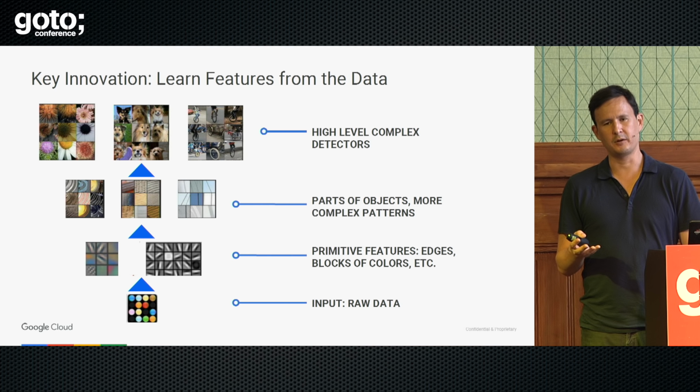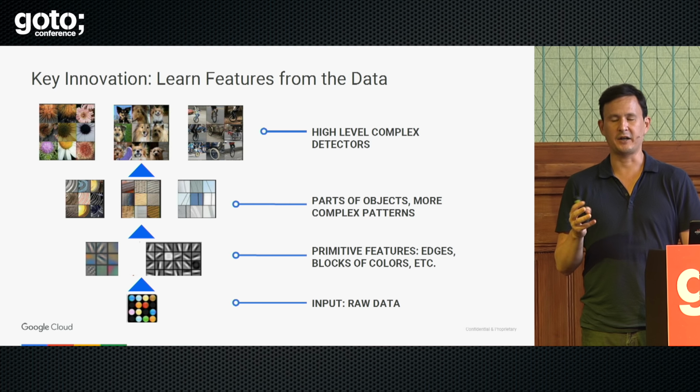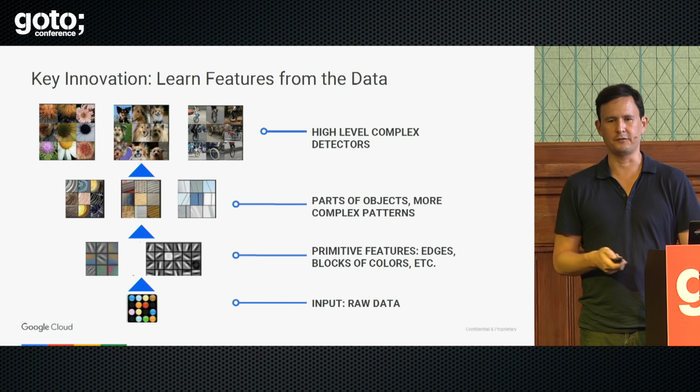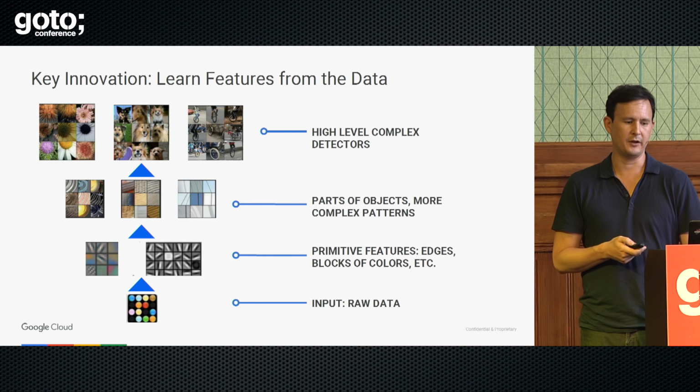The higher the level of compositing you do, the more abstract a pattern can be represented. This enables the machine to represent arbitrarily complex patterns by having lots of layers of these tensor representations or dimension reductions of the original input data.